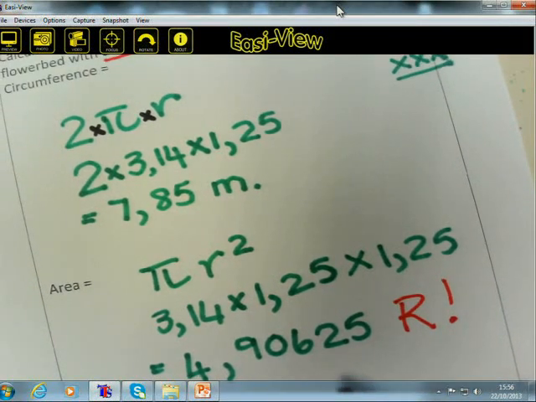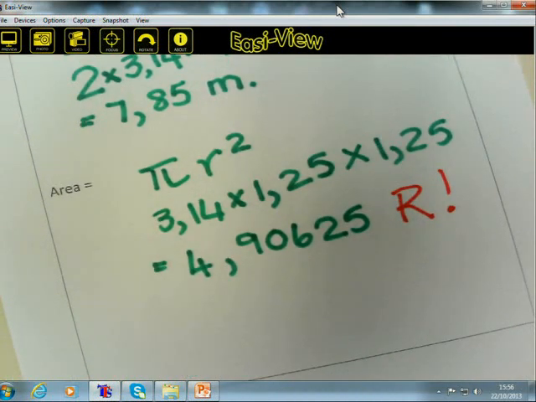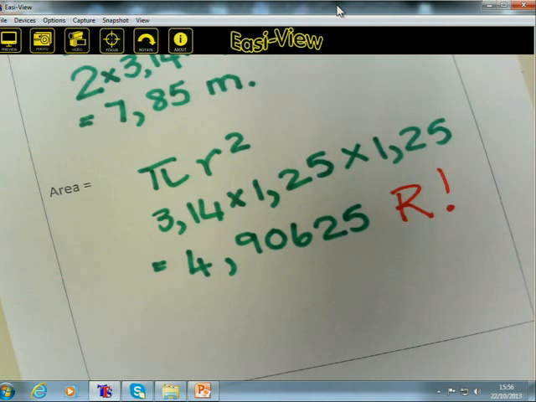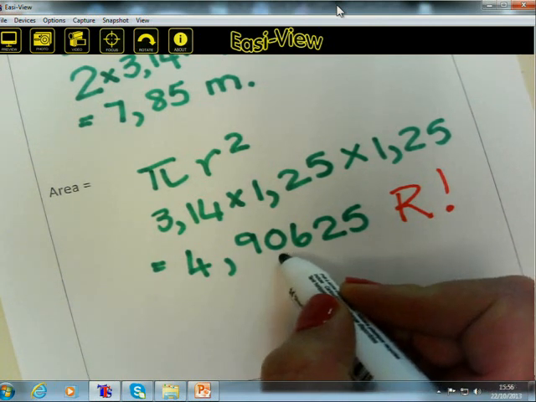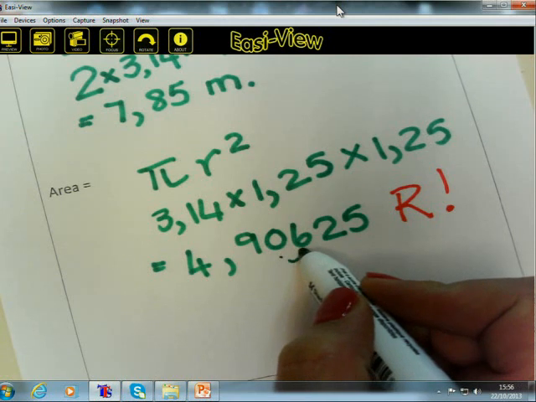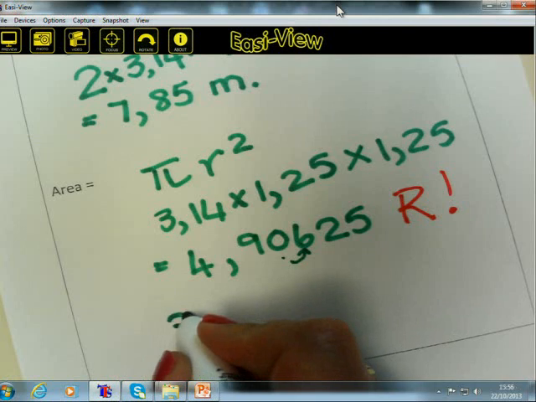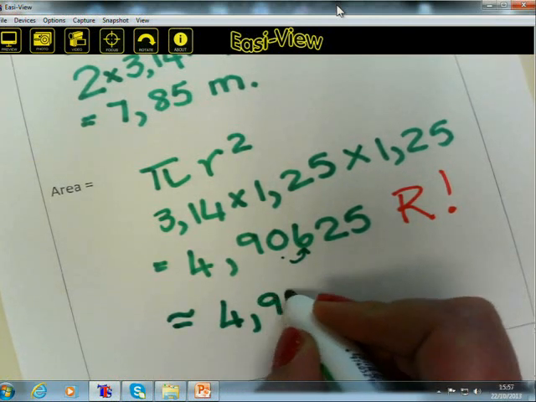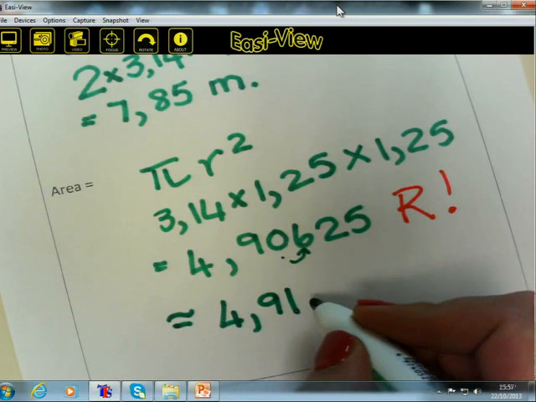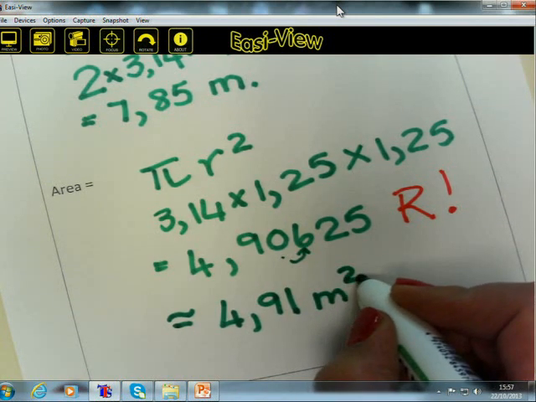I must round to 2 decimal places after the comma. Now when we round, it's important that you must look. If I want to round this one, you just look for this one, the closest one. So you will round this off to 4,91. And the unit is meters square.